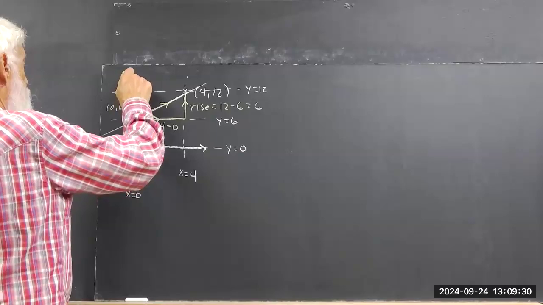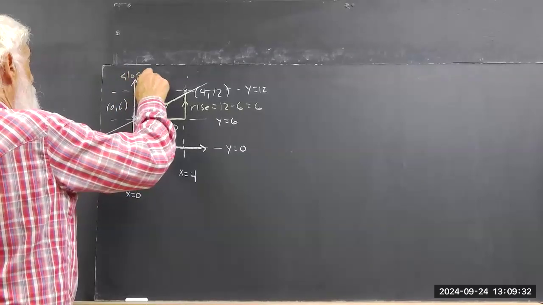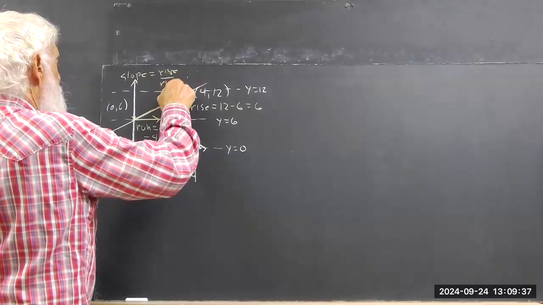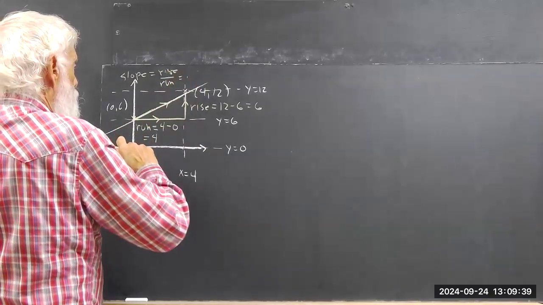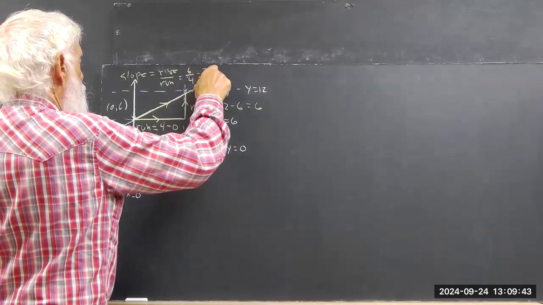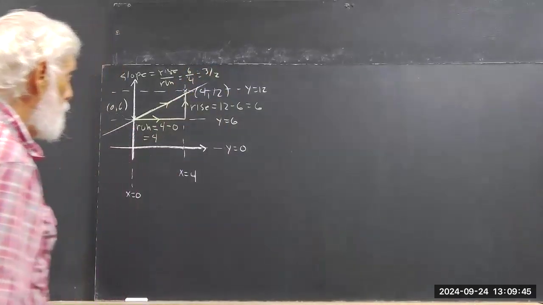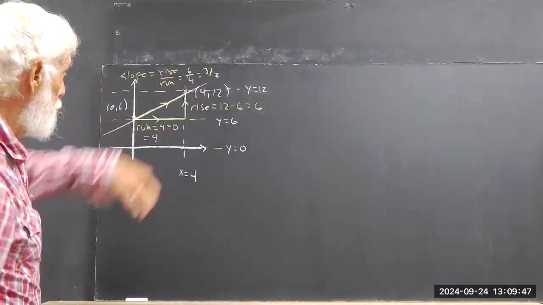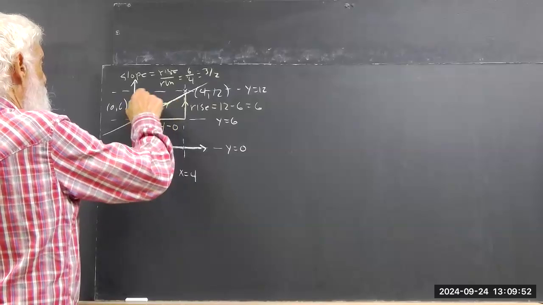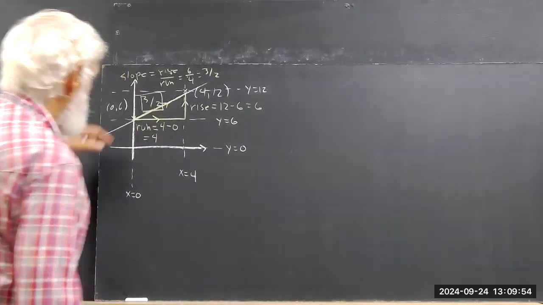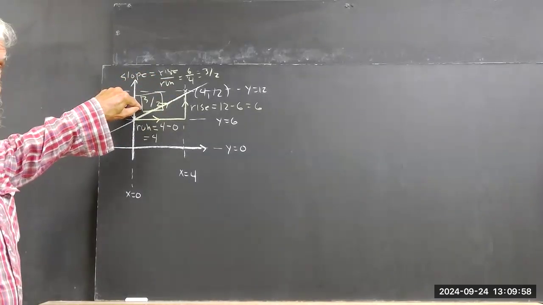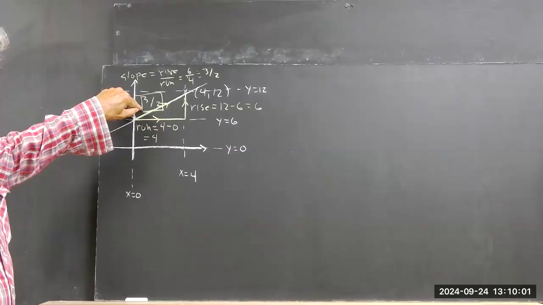Then there's rise over run, which is 6 over 4, which is 3 halves, and we label it like this. Put the 3 halves in a box, so we don't think it's the length of a line. The box around it tips us off that it's a slope.